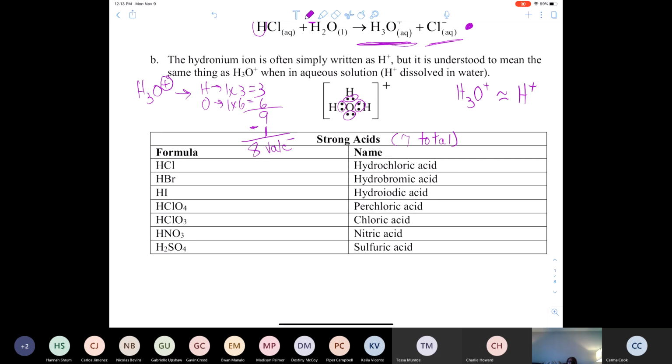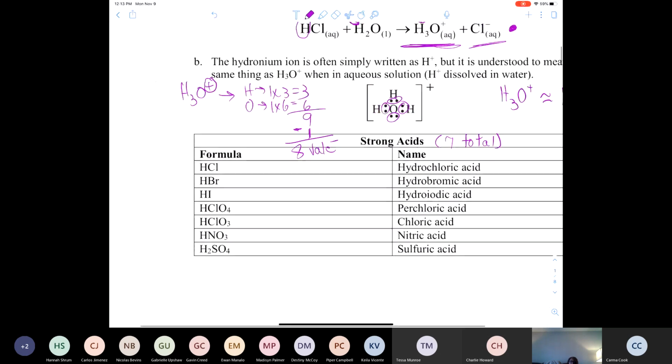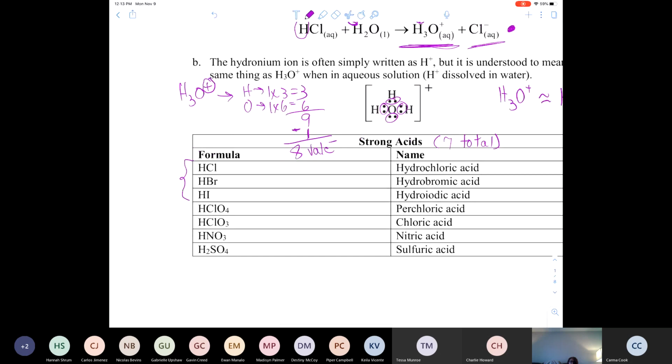So the first 3, these are called binary acids because they consist of only 2 types of elements or 2 types of atoms. HCl is a hydrogen atom and a chlorine atom. HBr, hydrogen and bromine, so on and so forth.